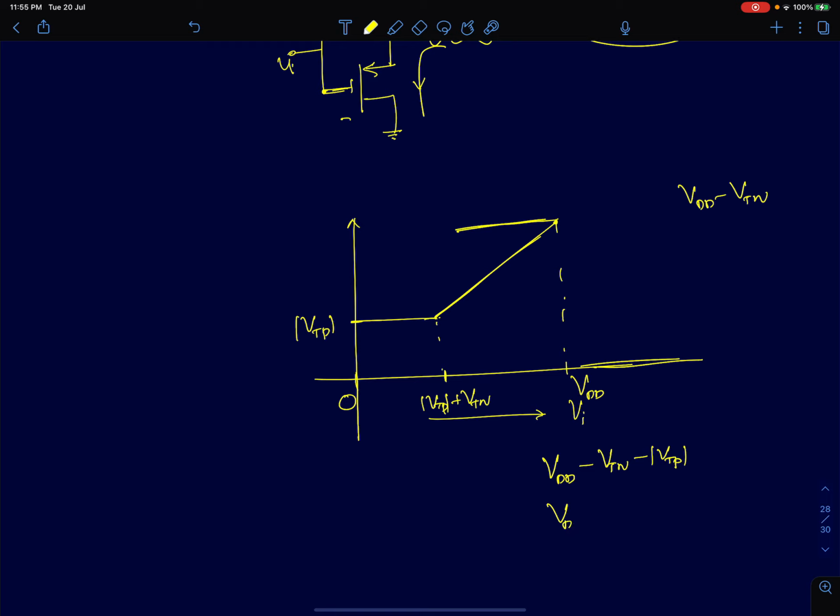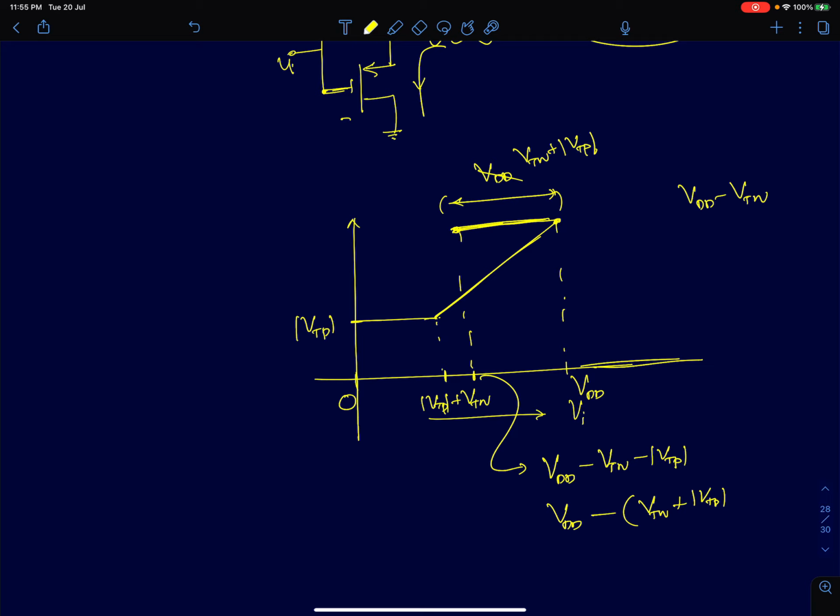So I can write it as VDD minus of VTN plus mod VTP. It's going to remain constant for this range of voltage here, which will be VTN plus mod VTP. It starts from VDD till you reach VDD minus of VTN plus mod VTP, and it's going to remain constant.